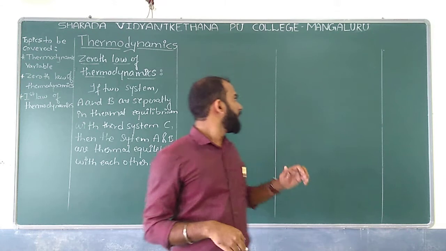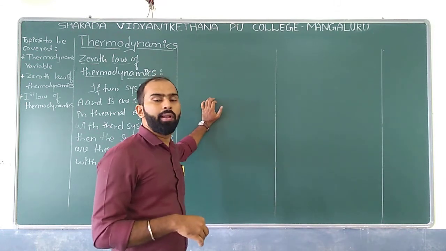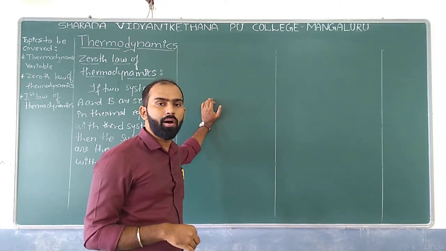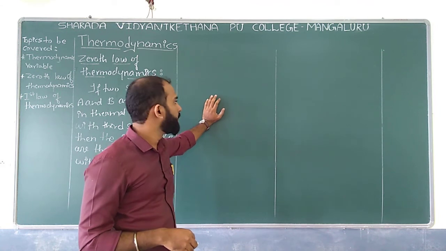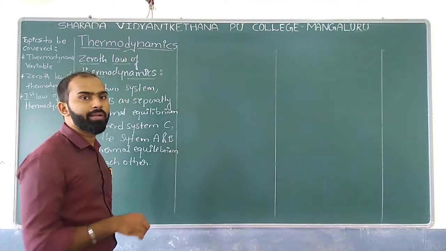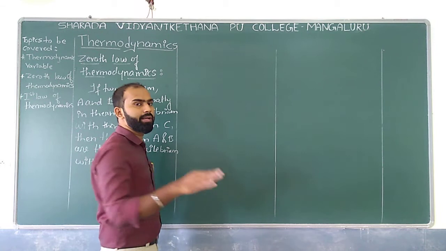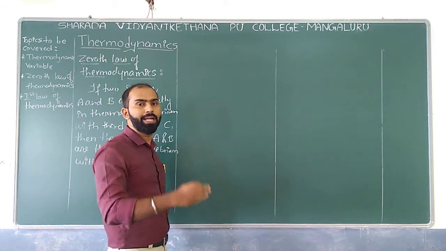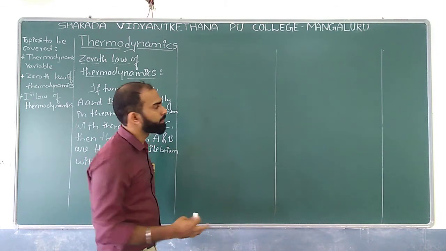In the same sense, we'll try to draw one diagram which is based on the zeroth law. So let us go with that. Along with the definition, let us consider two systems A and B that are separately in thermal equilibrium.